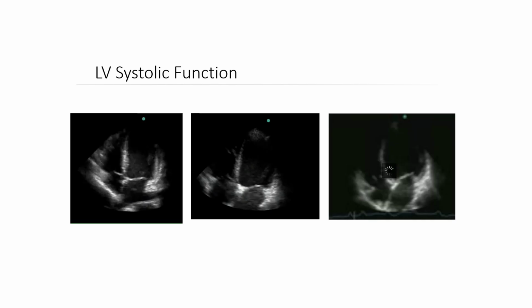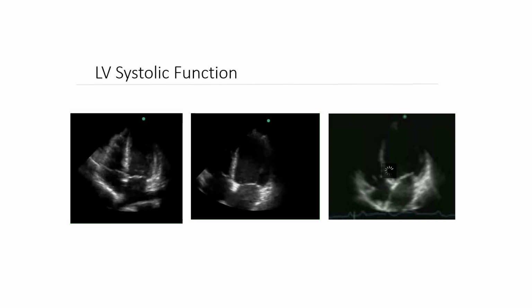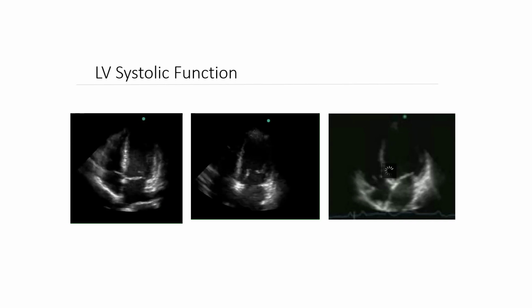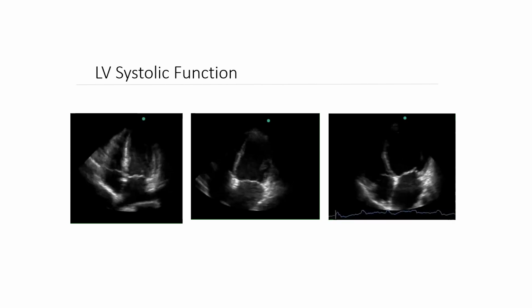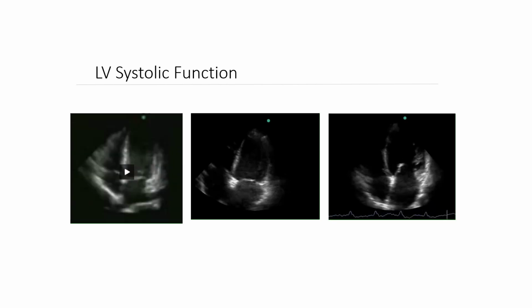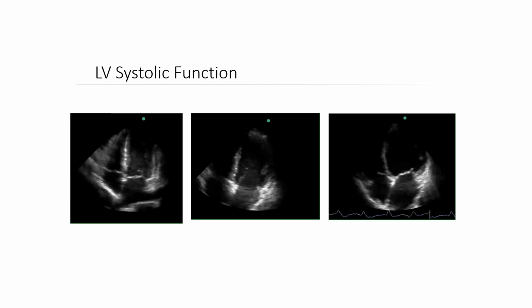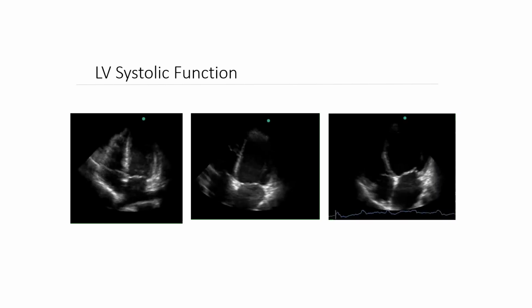And from left to right here, in more of an apical 4 view, you can also tell that there are increasing degrees of LV systolic dysfunction here. This is a visual estimate that the pictures provide you with.